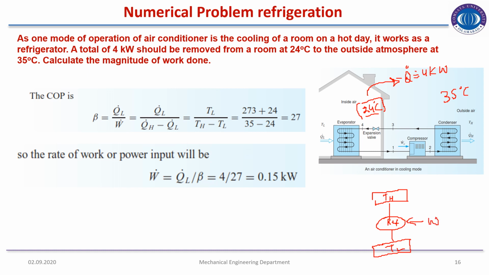For refrigeration, work is input. So QL is the amount of heat that is taken out from the low energy reservoir, and QH is the amount of heat transmitted to the high energy reservoir. So the desired effect is to maintain the QL. So W is equal to QH minus QL, and QL in the numerator will remain same.